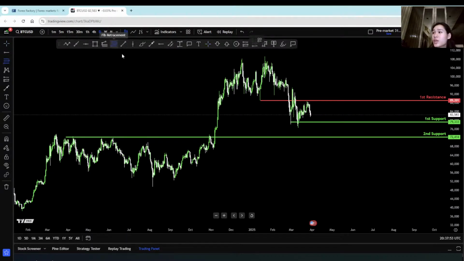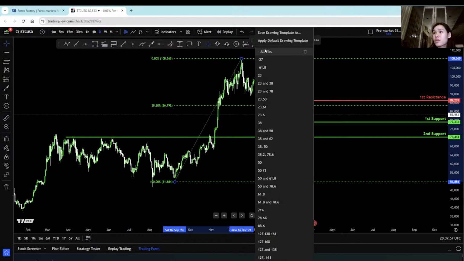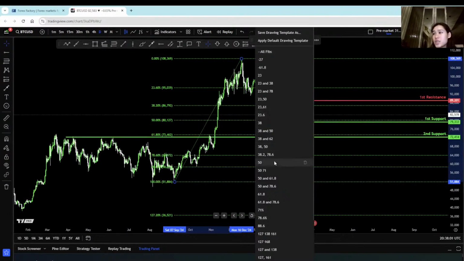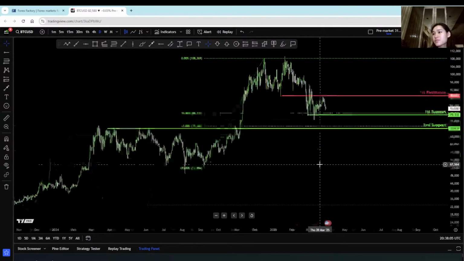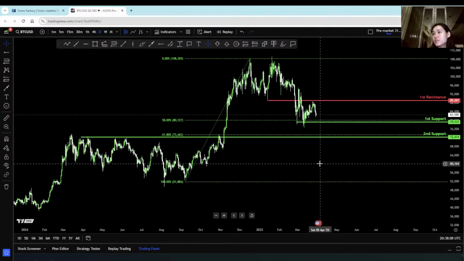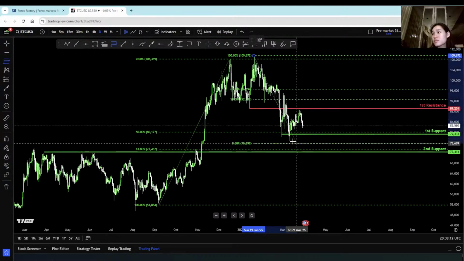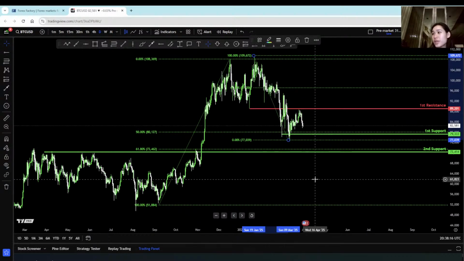Now going in with Fibonacci levels once again. I'll keep the 50 and the 61. Okay, and I'll just keep the 61.8.